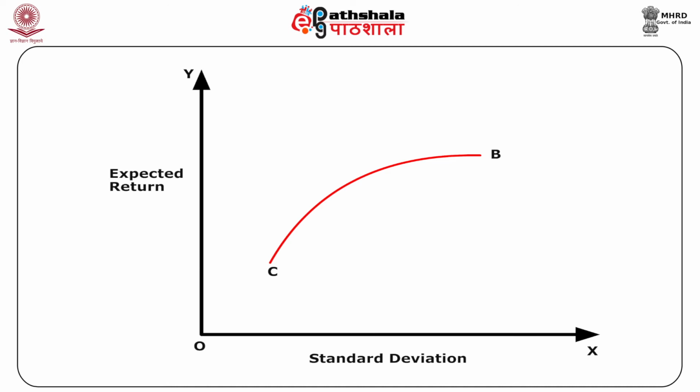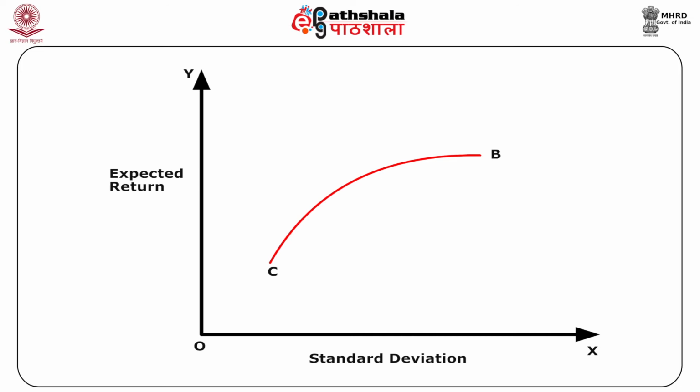Now, the curve CB, which is upward sloping and is convex to the x-axis, is representing an efficient frontier.